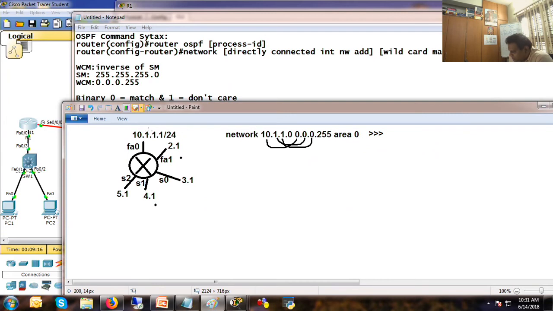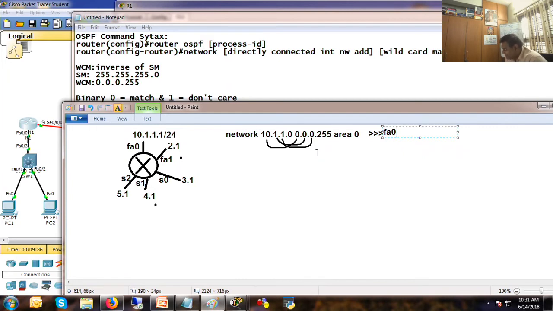FA0. So only which interface will be added? Understanding or not, Yogesh? This network command is going to add the interface to OSPF.